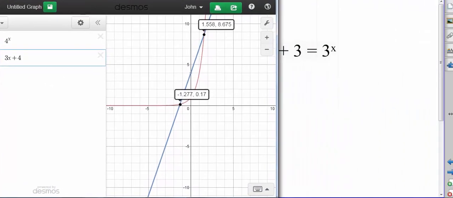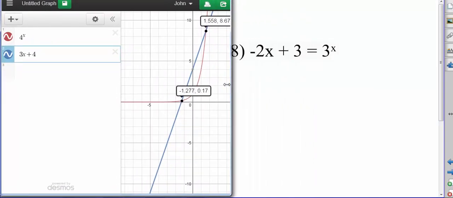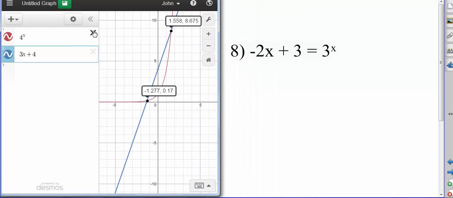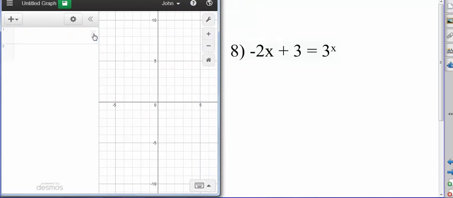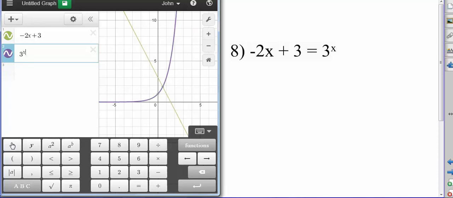All right, I'm going to slide this over so we can see our next one here. Here's our last problem, number 8. We're going to treat these in real similar ways to what we did 7. So I'm going to put on one side -2x plus 3. It's just a line with a slope of -2. And then we have our exponential graph, 3 raised to the x power.